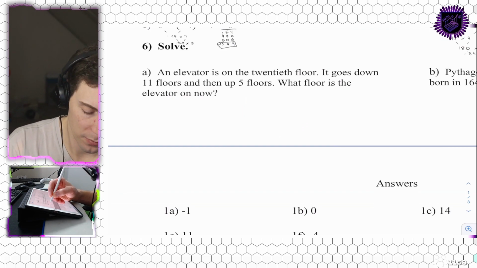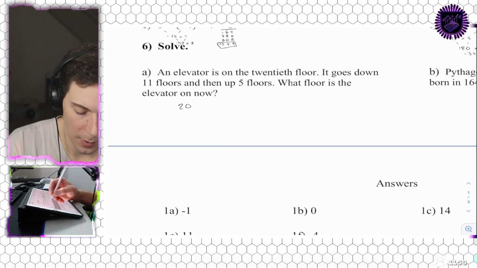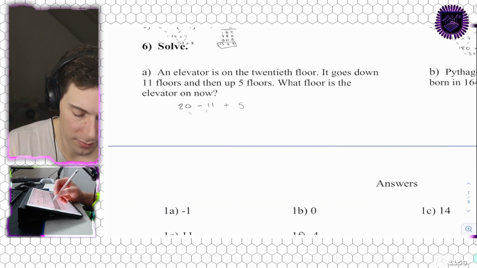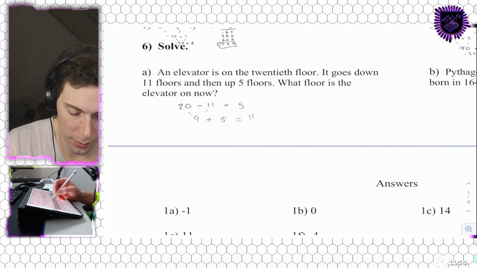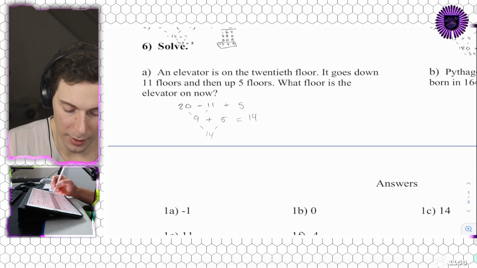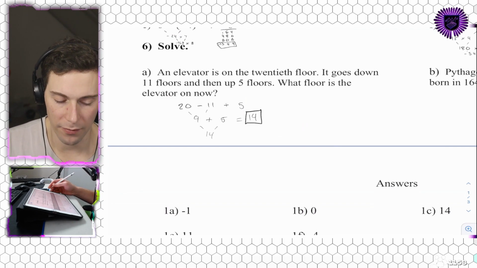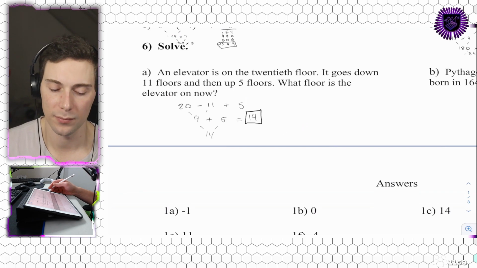So let's go 20 minus 11 plus 5. 20 minus 11 is 9. And then plus 5 equals 14. So my answer is going to be 14th. It's on the 14th floor.